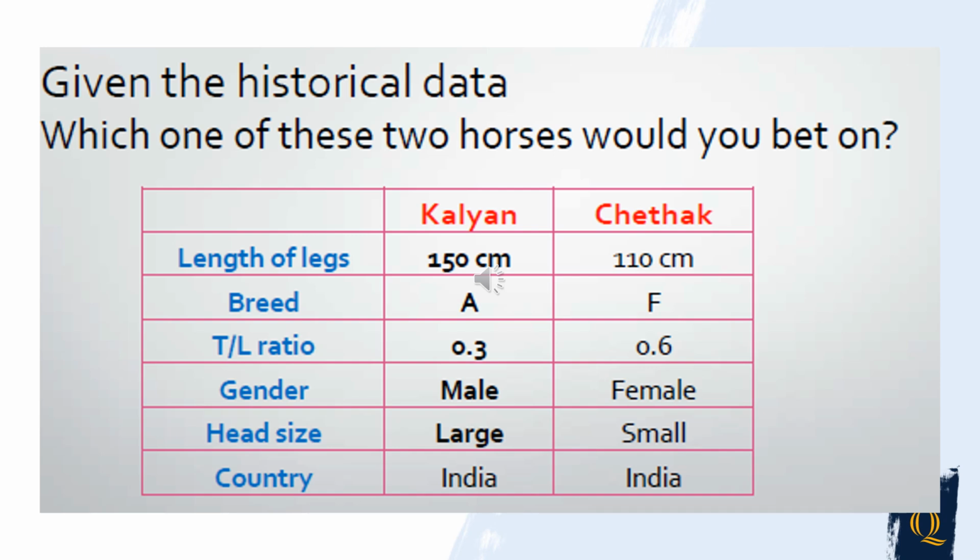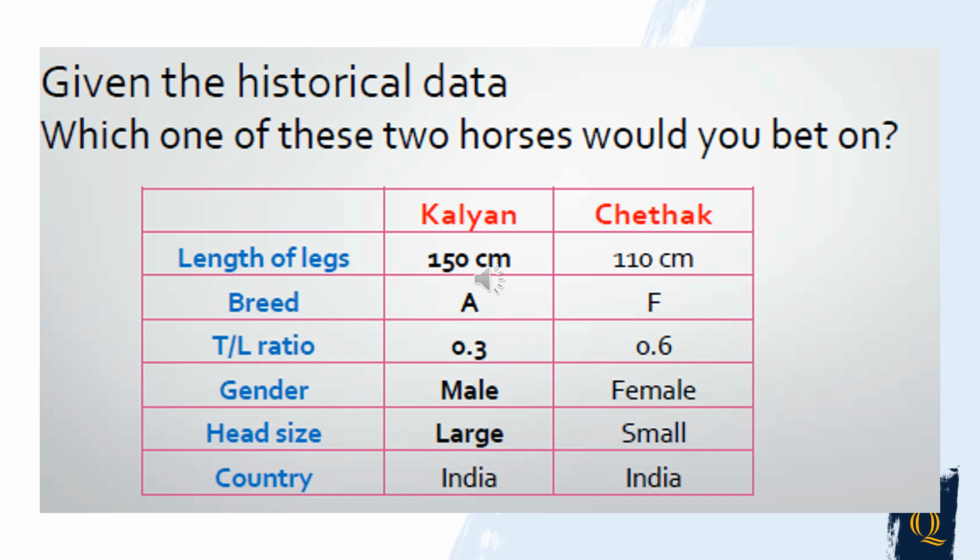Length of legs. Kalin has longer legs at 150 centimeters compared to Chet Hawk's at 110 centimeters. Based on our earlier analysis, horses with longer legs have a higher chance of winning. Breed.